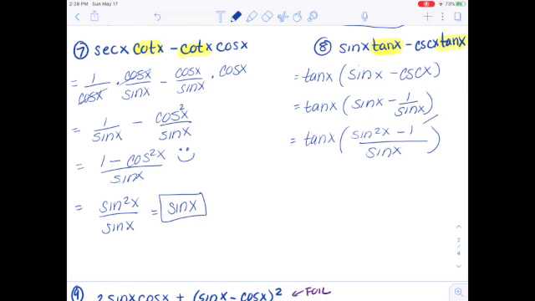And in the numerator, that is another Pythagorean identity, kind of the opposite version. So negative 1 plus sine squared of x is just negative cosine squared of x, all over sine of x multiplied by your tangent.